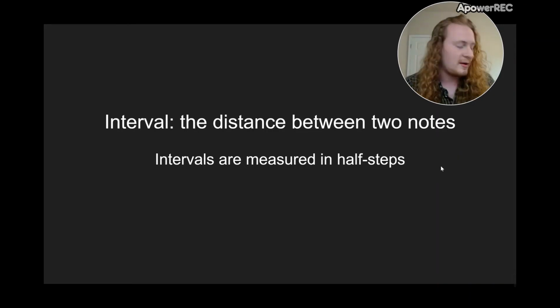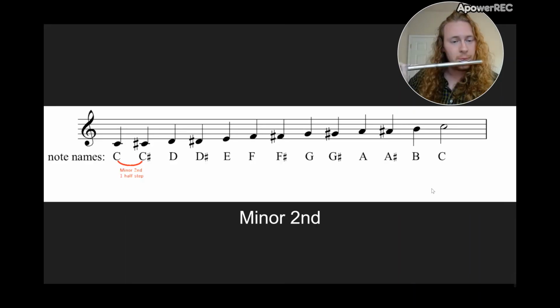So let's take a look at a few of the intervals that we have in our Western tonal system.